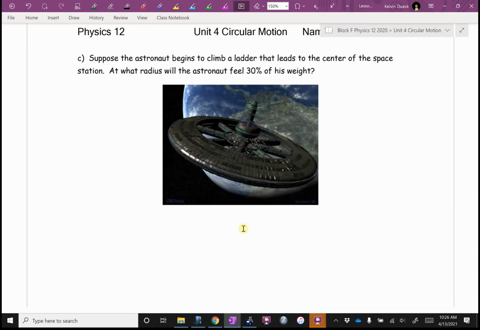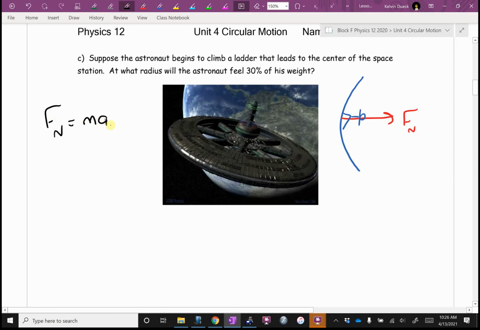So we have the same free body diagram as before, where the astronaut is standing here, and the normal force is what's pushing us in a circle. On the right, it's going to be m 4 pi squared r over T squared, and I'm using that one because the period of rotation will be the same.